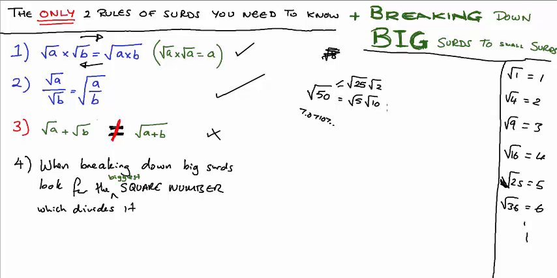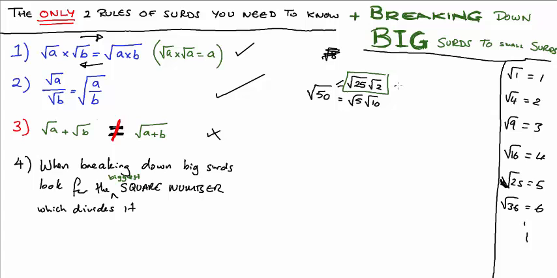But here's the deal. What if I told you one of these is a much better way of breaking it down? Have a think. Which one do I prefer? It's the first one. And there's a reason for this. The reason is simple: I know that root 25 is just 5.